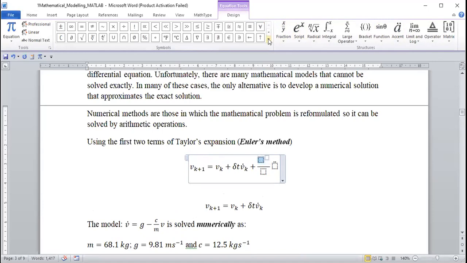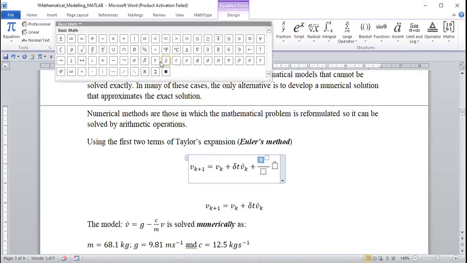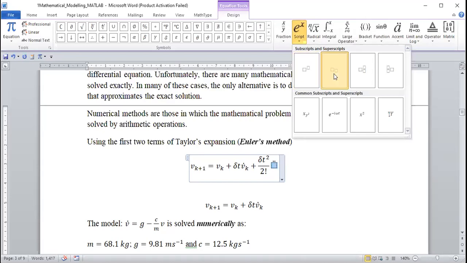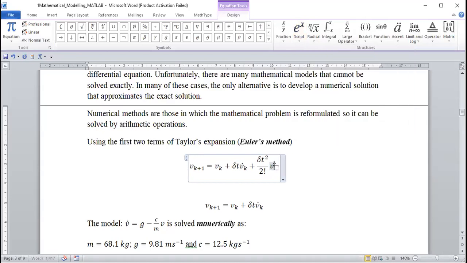Delta t squared, then 2 factorial, then v sub k double dot.